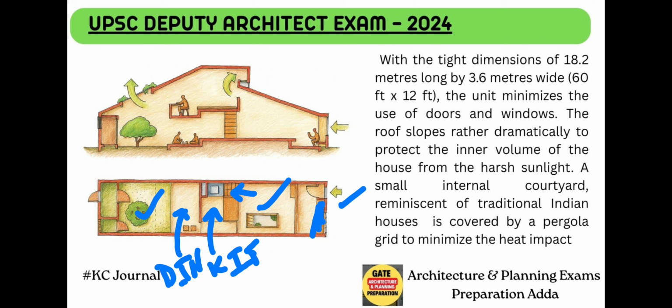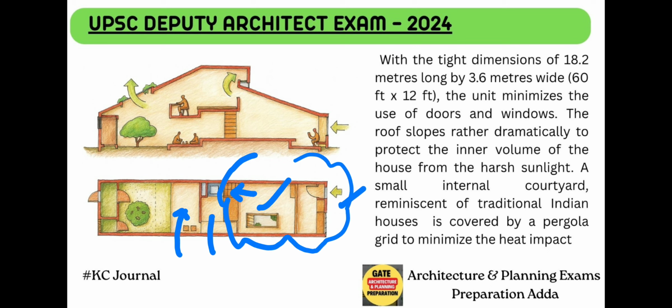Here this person is sitting and reading the newspaper, so that ledge is also a seating space. So this is all living area where families can live. And this is kitchen and dining, and here this is a courtyard. On top of it, if you go up the steps, you will have a bedroom.